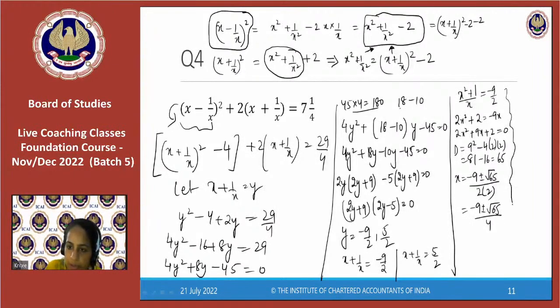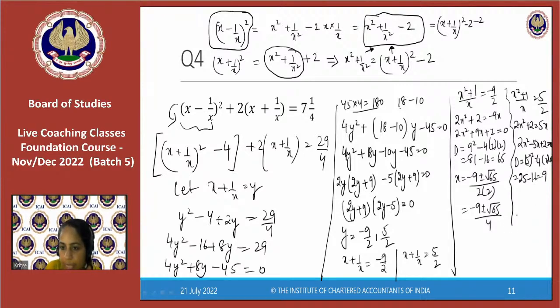The other part, x square plus 1 by x equals 5 by 2. Cross multiply. 2x square plus 2 equals 5x. 2x square minus 5x plus 2 equals 0. Again, same thing. D, 5 square minus 4 into 2 into 2. 25 minus 16 is 9.